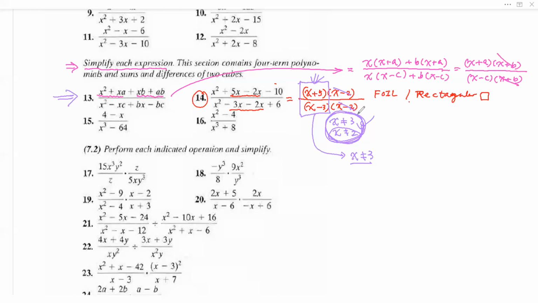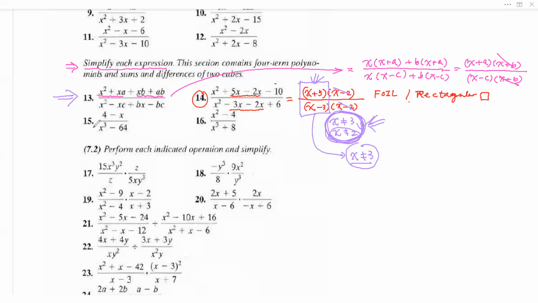So you need to be careful. x cannot equal 3, x cannot equal 2. You should include both of them. When simplified, you only find this one. It means simplified and not simplified have a small difference here. Okay, all right, just keep this in mind, just additional information.